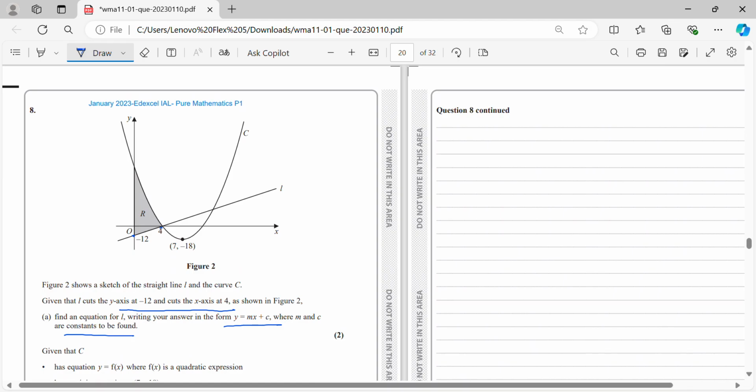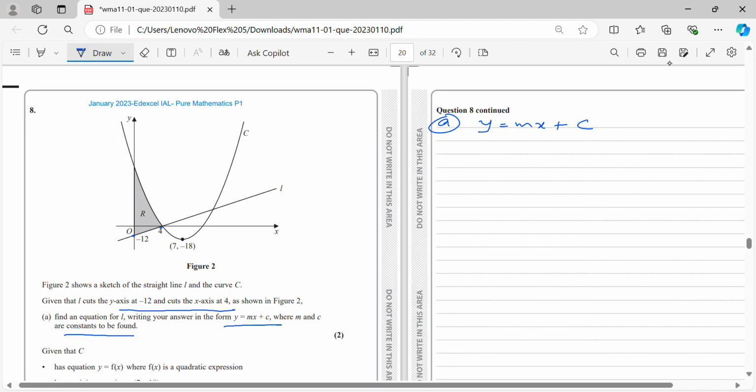All right, so for part A, you have a straight line, y equals mx plus c. So let's write down y equals mx plus c.